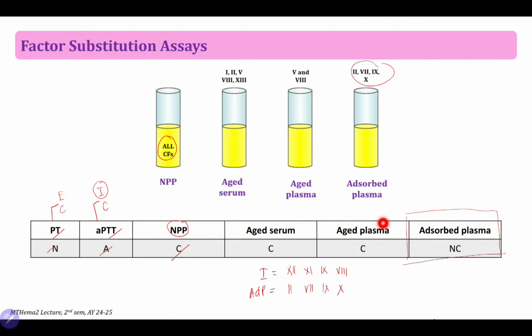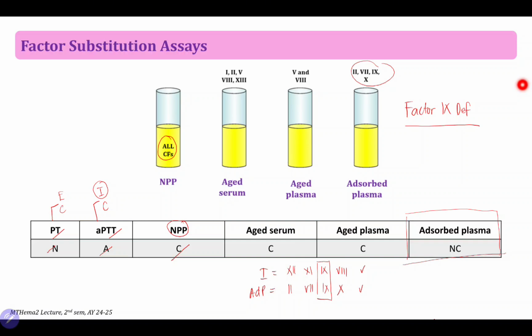Okay, and then you now check for the factor that is present in the intrinsic pathway and also not present in your adsorbed plasma. And that is your factor 9. Okay? So, meaning to say, in this case, the deficiency is factor 9 deficiency or your Christmas factor deficiency.